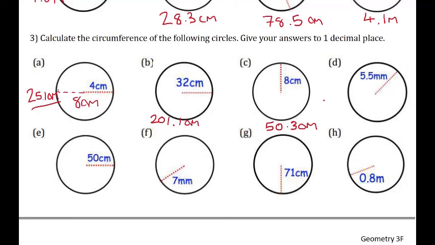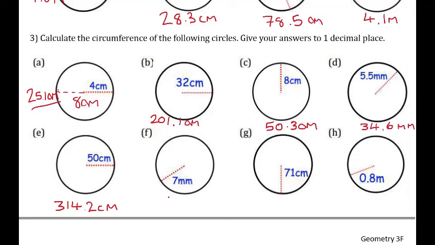If we double 5.5, we get 11. So that gives 34.6 millimeters this time. Double 50, we get 100, and 100 pi is 314.2. Double 7, we get 14.